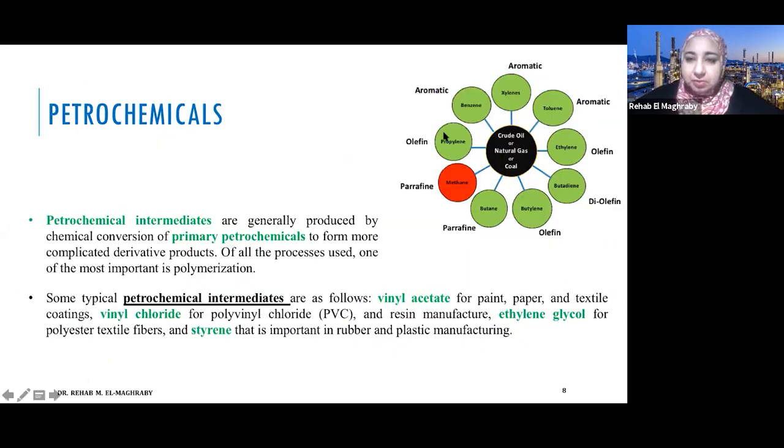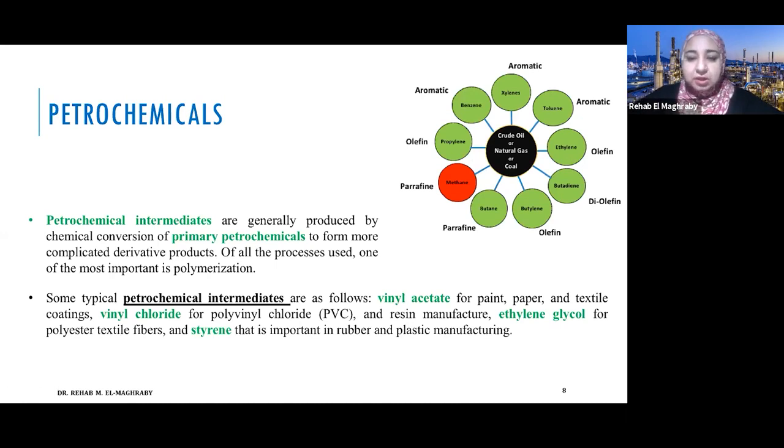So these building blocks can be used to produce other materials. For example, ethylene can be used to produce ethylene dichloride, and ethylene dichloride can be used to produce vinyl chloride and then polyvinyl chloride. So based on ethylene, we can end up with a polyvinyl chloride-based material.